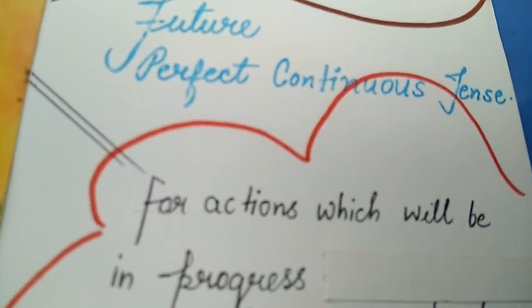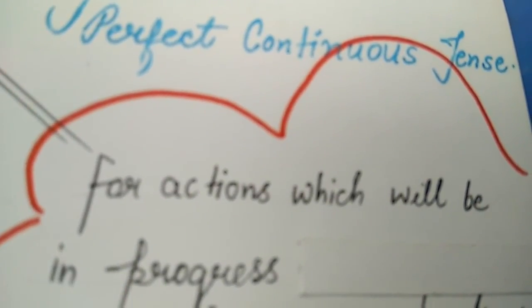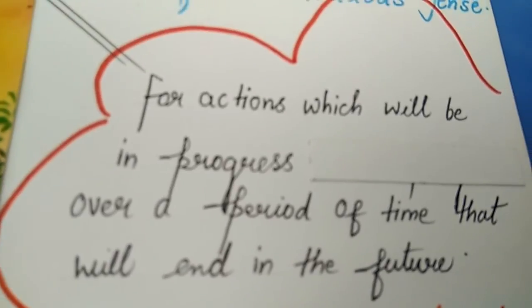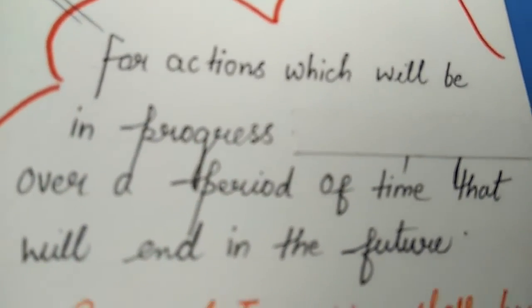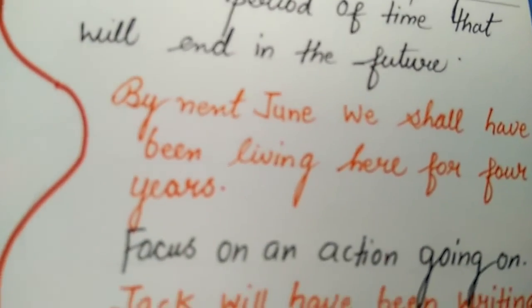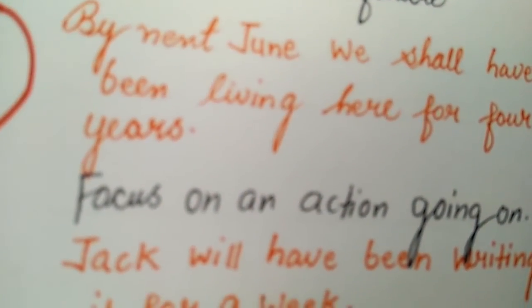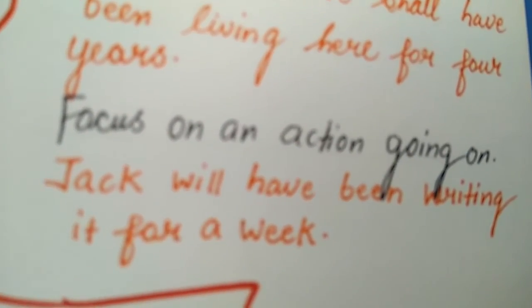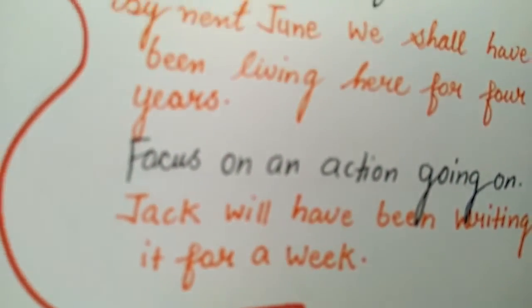First, for an action which will be in progress over a period of time that will end in the future. For example, by next June we shall have been living here for 4 years. Second, focus on action going on. For example, Jack will have been writing it for a week.